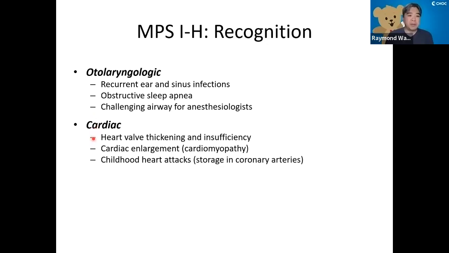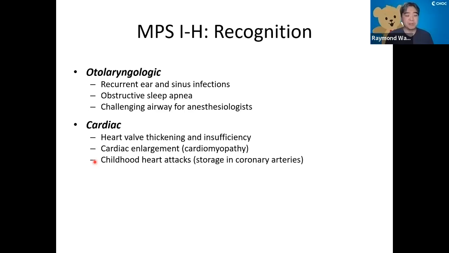GAG buildup within heart valves can lead to valve dysplasia, insufficiency, and stenosis. There can be cardiomyopathy, which is seen fairly frequently in MPS1. And before the era of therapy for MPS1, you would often see myocardial infarction.